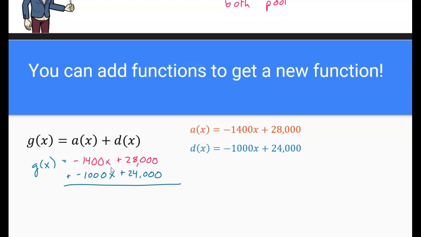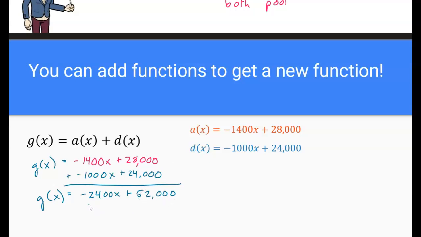So negative 1400x plus negative 1000x will be negative 2400x. And 28,000 plus 24,000 will be 52,000. And that is our new function, g of x. g of x equals negative 2400x plus 52,000.